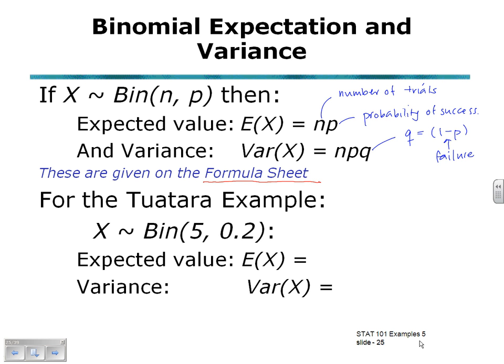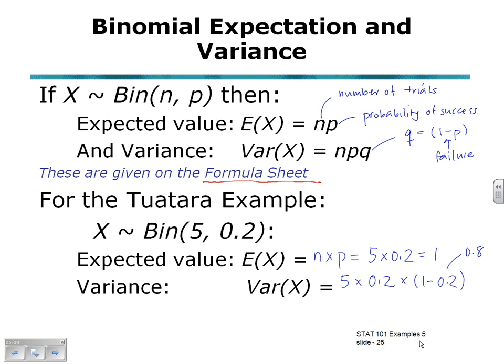So for our example, using the formula on the formula sheet, our expected value, in this case for the tuatara example, expected value of x, n times p, n was 5, p was 0.2, our expected value would be 5 times 0.2 equaling 1. Variance, n times p times q, n is 5, p is 0.2, and 1 minus p would be 0.8.